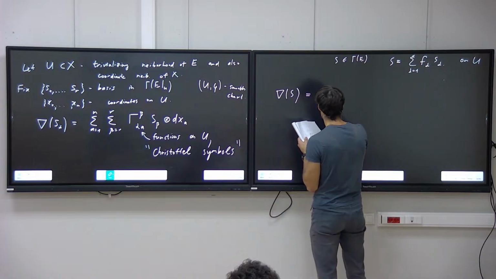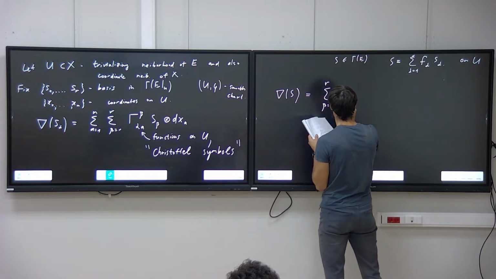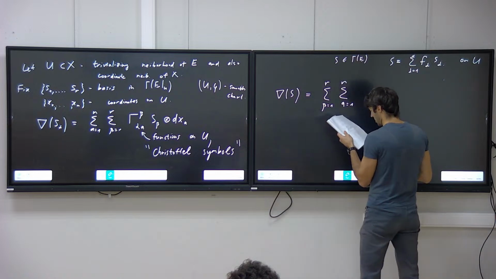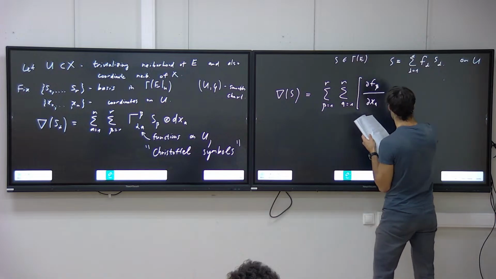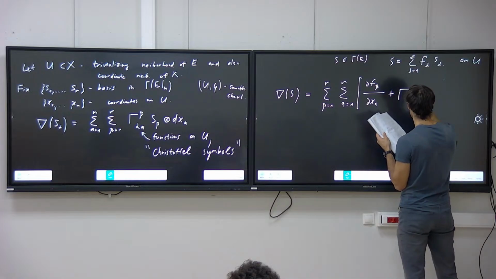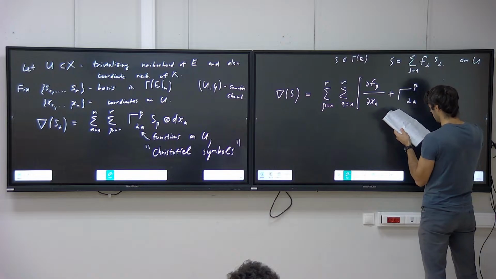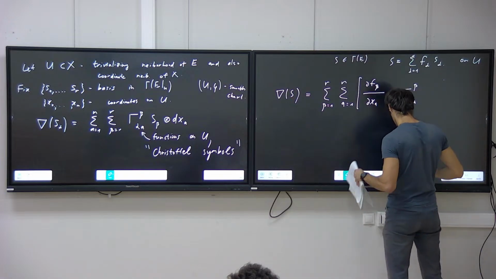So sum over beta from 1 to r, sum over A from 1 to n, and then I have d f beta over d x A plus gamma alpha A beta, and here also f alpha.